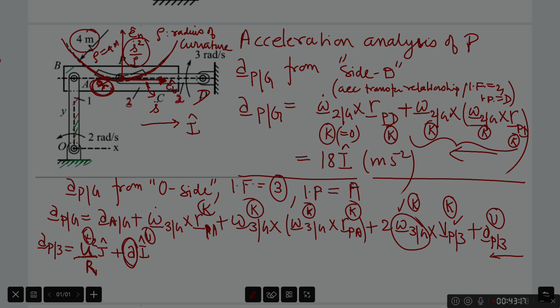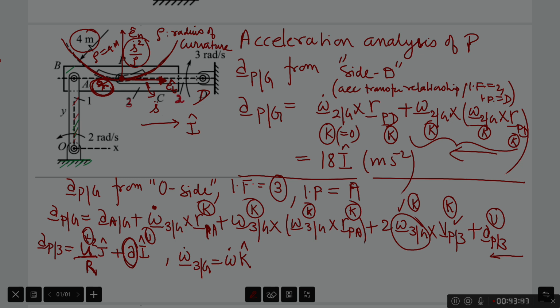RPA is known. And then we come to the prime quantity of interest in this problem, omega dot 3g. That's what we have been asked to find. And we hope we will be able to set up an equation and find it. Even though we do not know the scalar part of this vector, we at least know that it should be of this form.